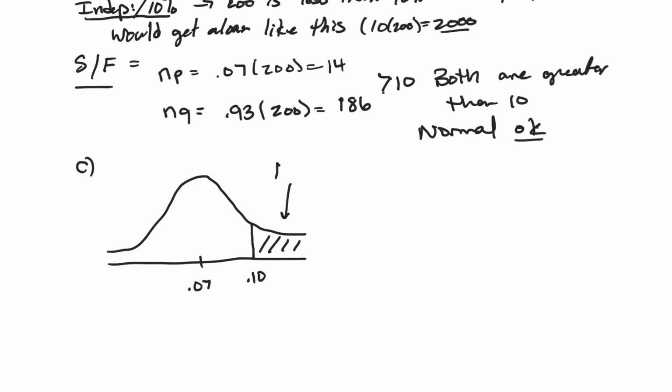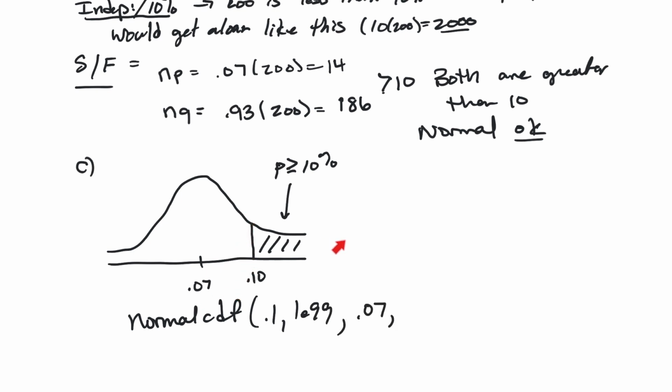The important part here is I'm going to demonstrate to my grader, to my reader, that I understand all of the different elements. I show you here that I have a mean, a center of 7%. I have a boundary at 10% and greater. I could write this out in words or I can just simply draw this picture.